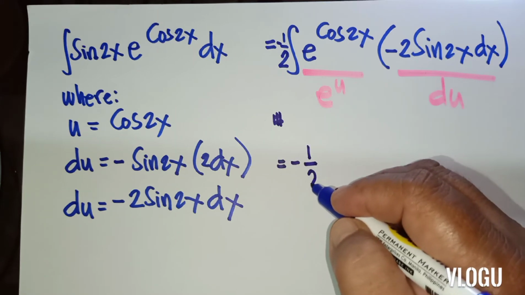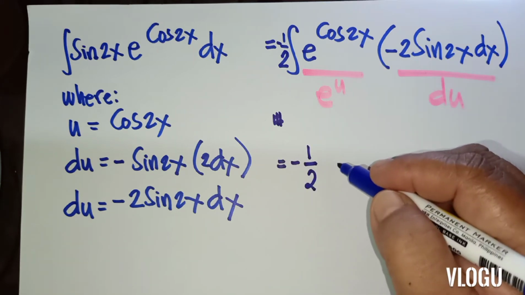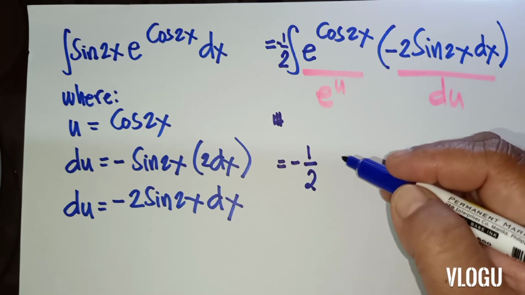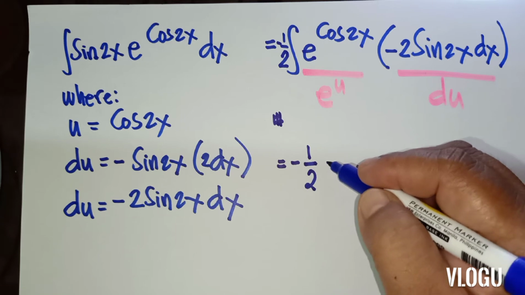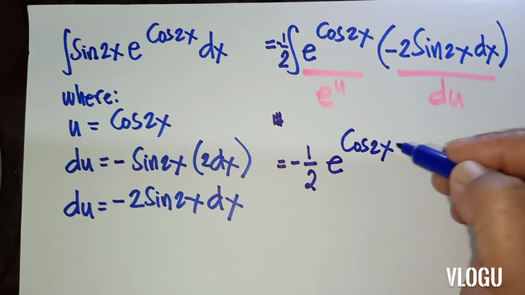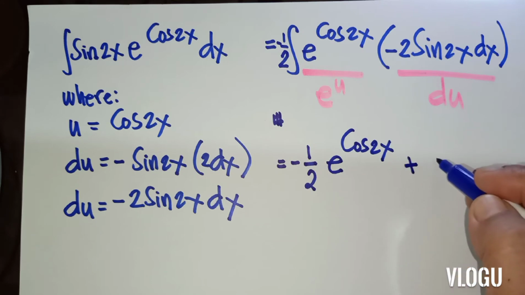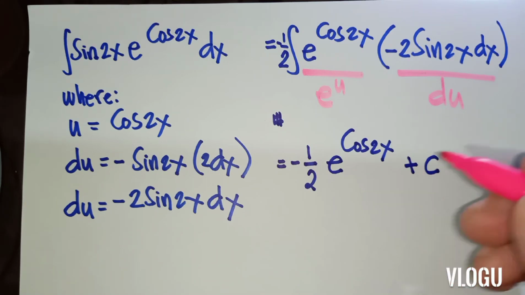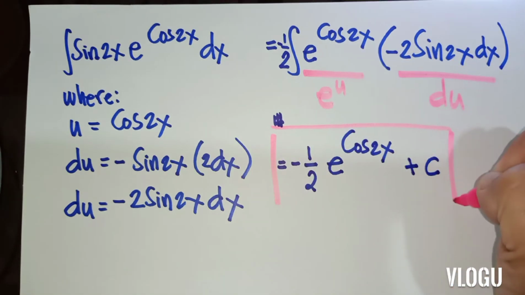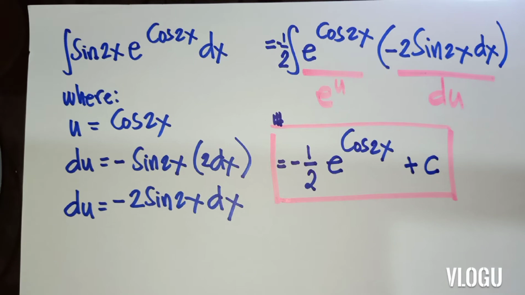Negative 1/2 e^u, so you will have e^(cosine 2x) plus c. Okay, so that is now our final answer.